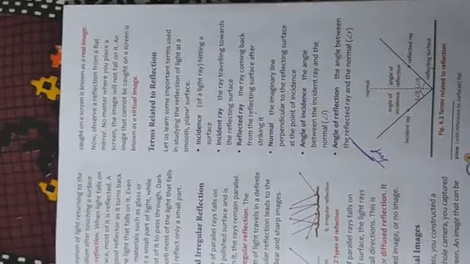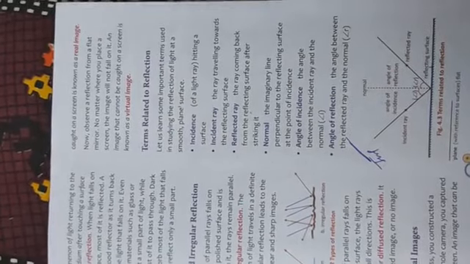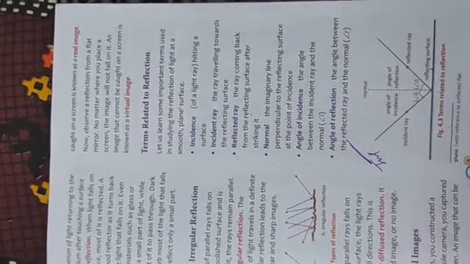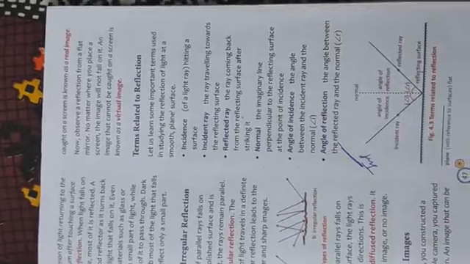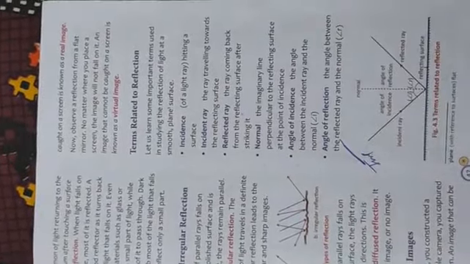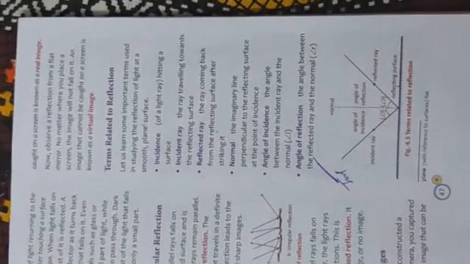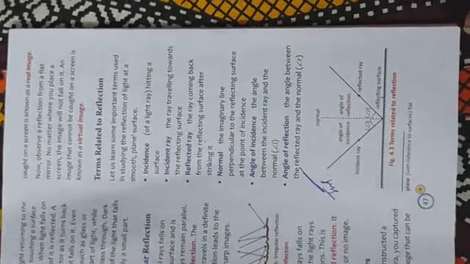And normal is an imaginary line drawn perpendicular to the reflecting surface at the point of incidence. It is called what? Normal. Angle of incidence means the angle made by the incident ray with the normal.